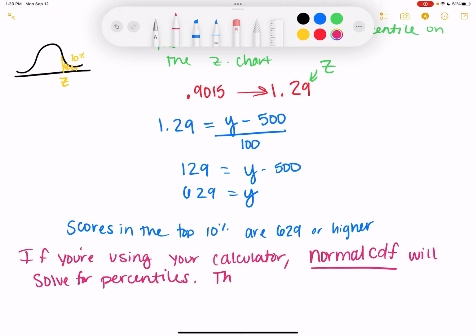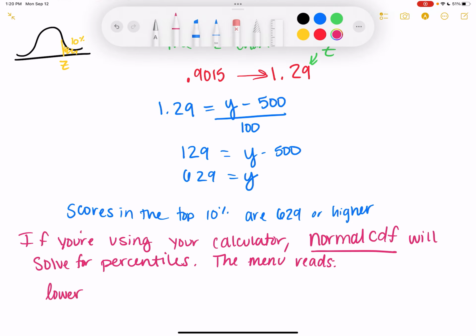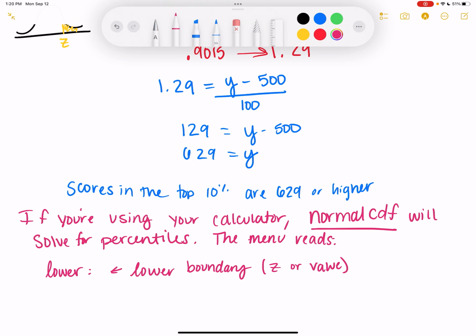And the menu is going to read something like what I'm about to write. It'll say something like lower, and so it wants you to input the lower boundary, Z, or the value that is given. It'll say upper, which is the upper boundary, which again is Z or the value.